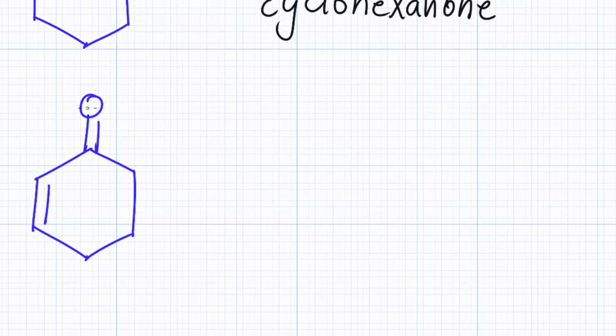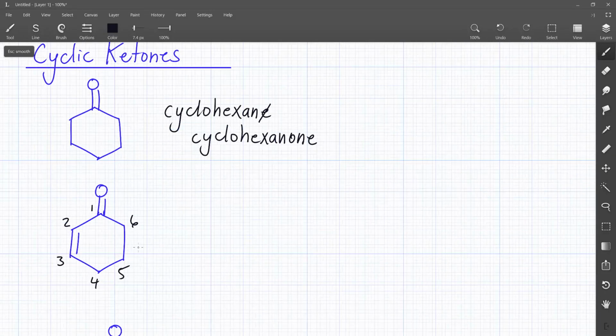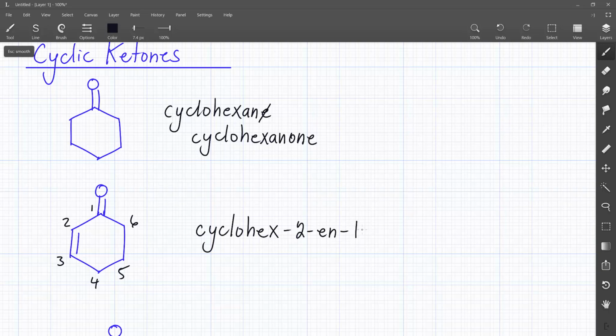Okay, if I did this one, this would be 1, 2, 3, 4, 5, 6, going in that direction. So this would be cyclohex-2-en-1-one.